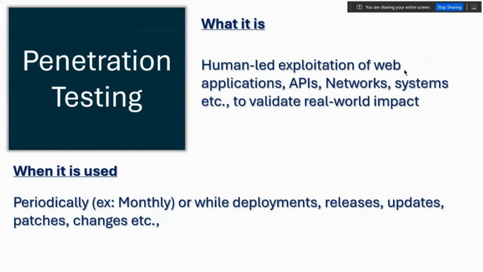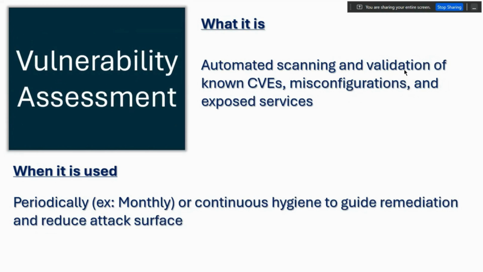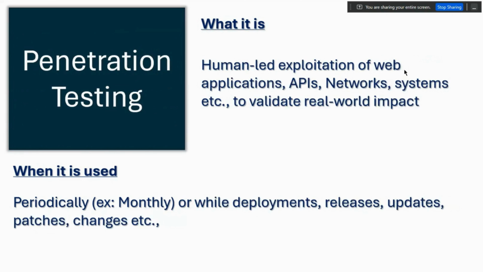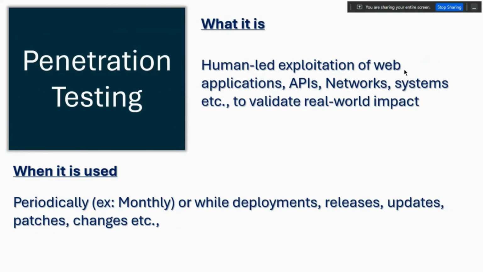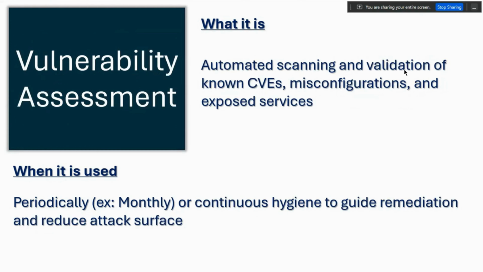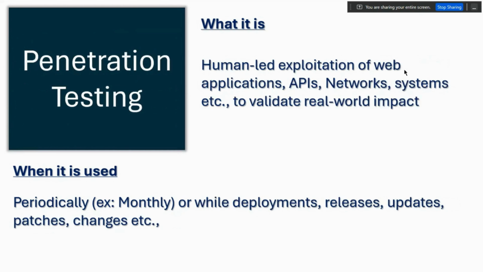The next one is penetration testing. If you look very closely, for penetration testing we start with the words human-led exploitation. For vulnerability assessment, we mentioned it is automated scanning and evaluation of known CVEs. So the major difference here is that VA can mostly be automated using tools, but penetration testing as of today requires a lot of human intervention.